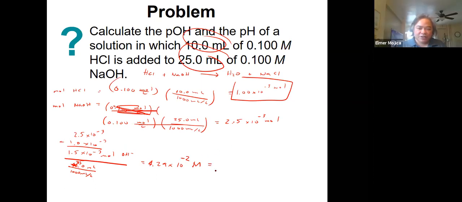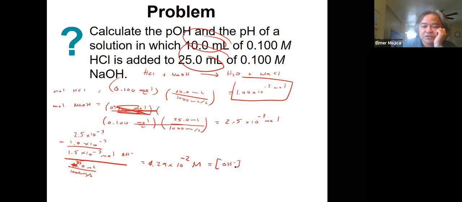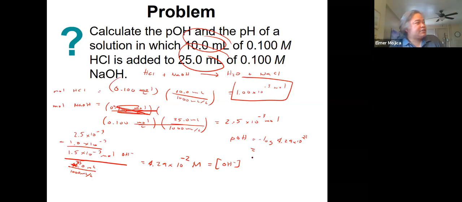So this is what? OH minus or H3O plus? OH minus. So that's why you're going to get the pOH, and that would be equal to the negative log of 4.2 times 10 to the negative 2.